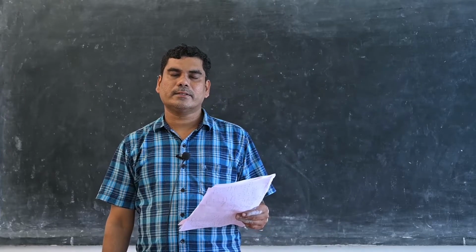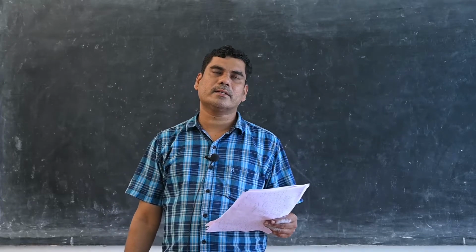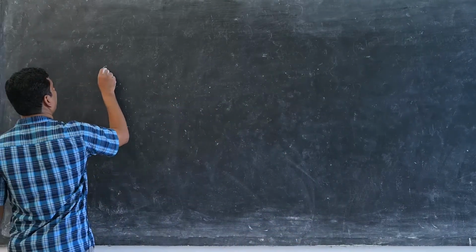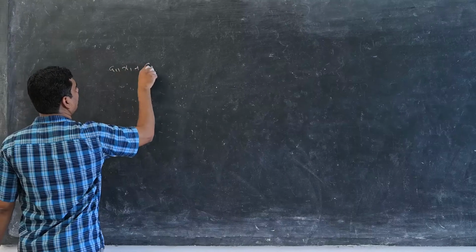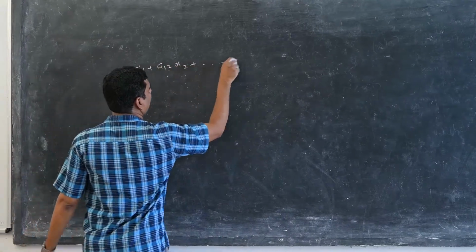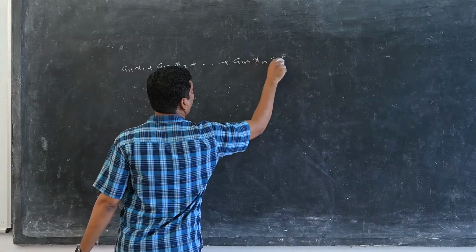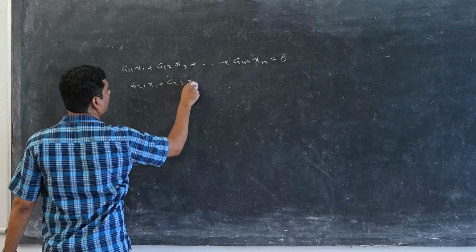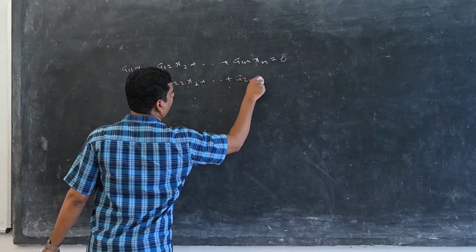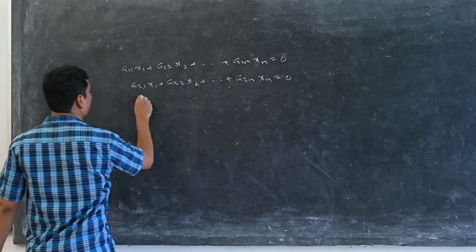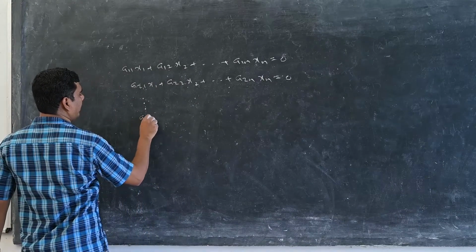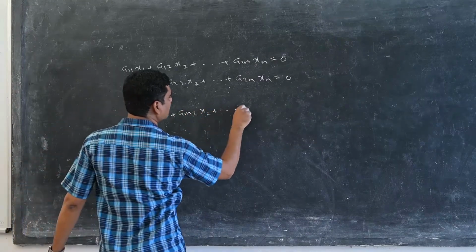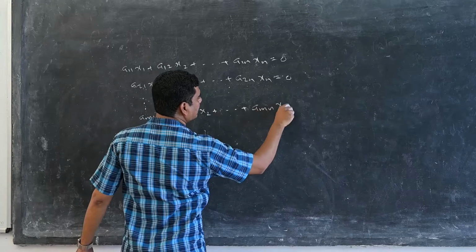The general form of a linear system of homogeneous equations is a11 x1 plus a12 x2 plus etc. a1n xn equal to 0, a21 x1 plus a22 x2 plus etc. a2n xn is equal to 0, and so on, am1 x1 plus am2 x2 plus etc. amn xn is equal to 0.